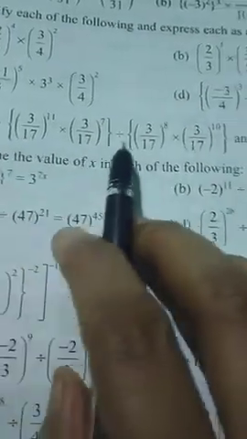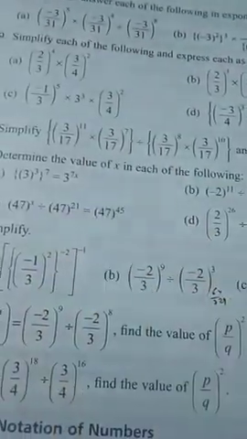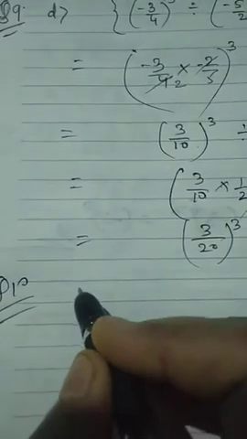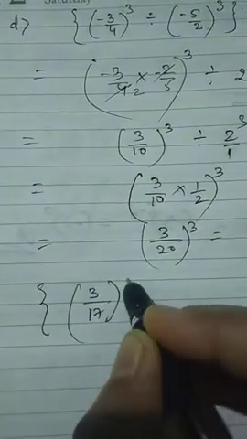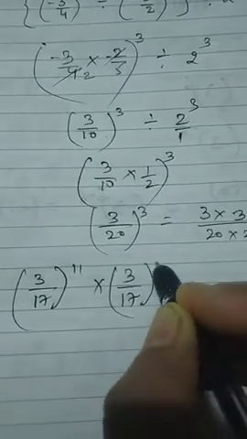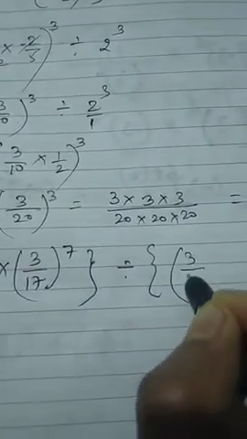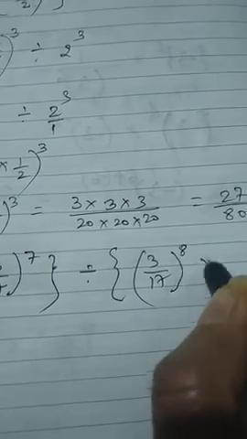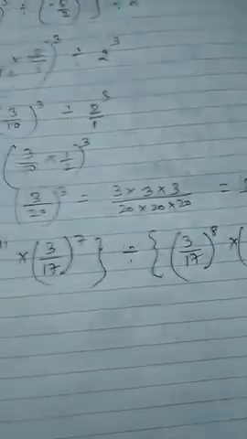You have to simplify this and express the result as a power of 10. Means whatever result comes, you have to express it in power of 10 only. Okay, so 3 by 17 to the power 7, curly bracket closes, now divided by 3 by 17 to the power 8, multiplied by 3 by 17 to the power 10.